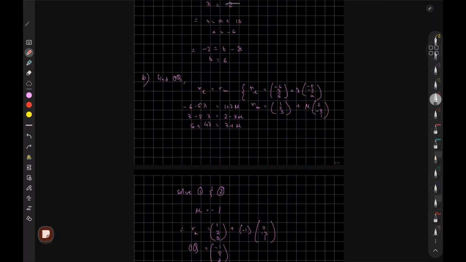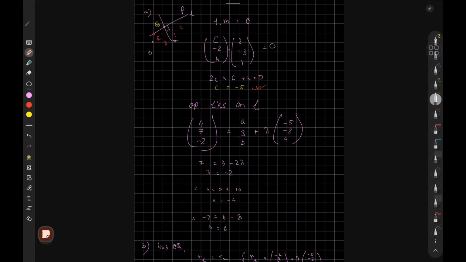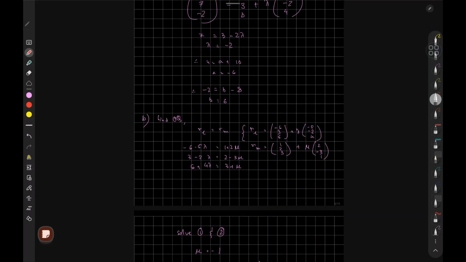Basically, Q is the point where both of the lines meet, and this makes it much easier to find the point Q. Interesting. Since both the lines M and L meet at Q, you're going to equate both of the vector equations together and find 3 equations.